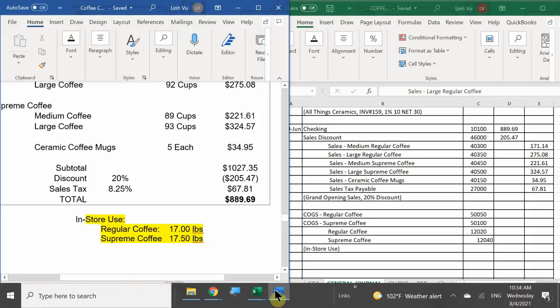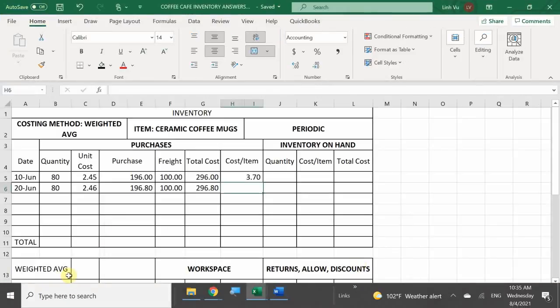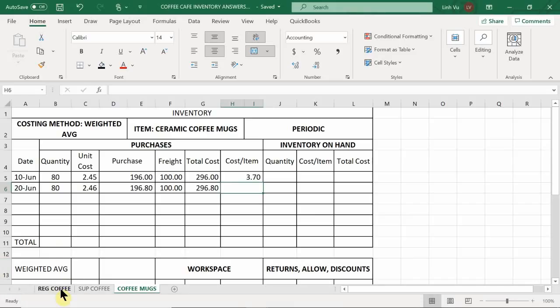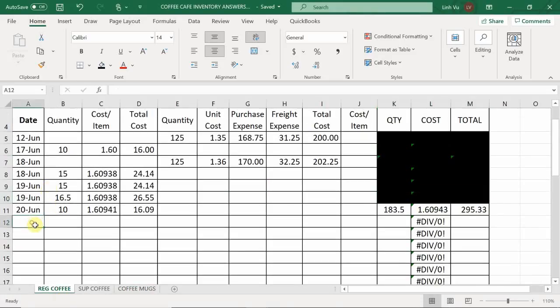So we have to go to our inventory worksheet. Start with our regular coffee.